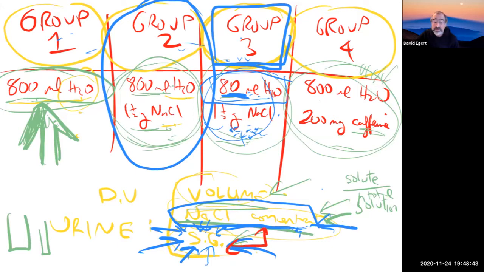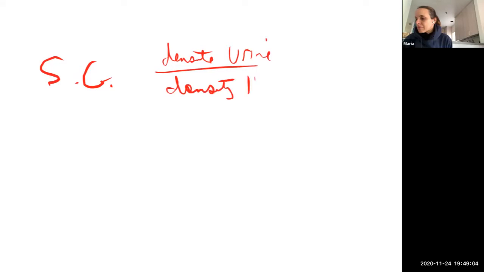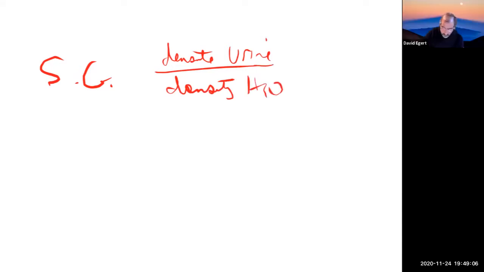Again, specific gravity is the amount of dissolved stuff, basically. Officially, it's the measure of density of your urine compared to the density of water. So if the density of your urine is almost like just water, specific gravity will be 1.